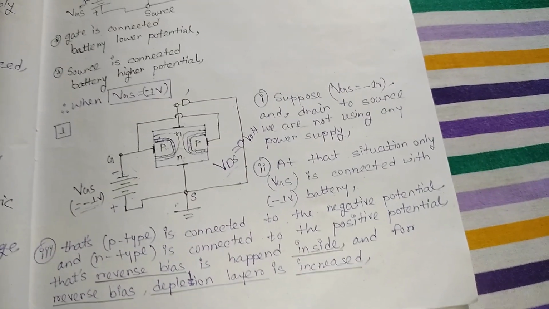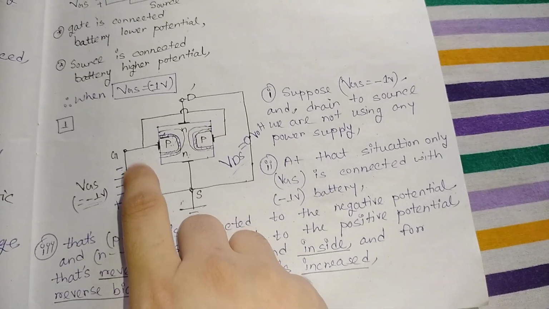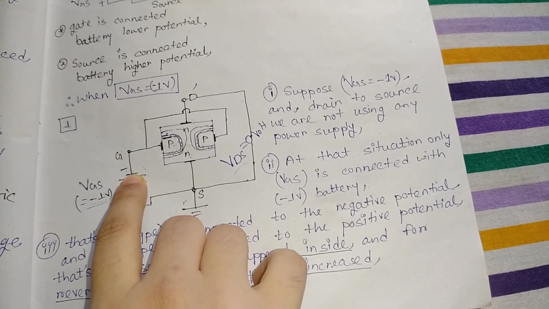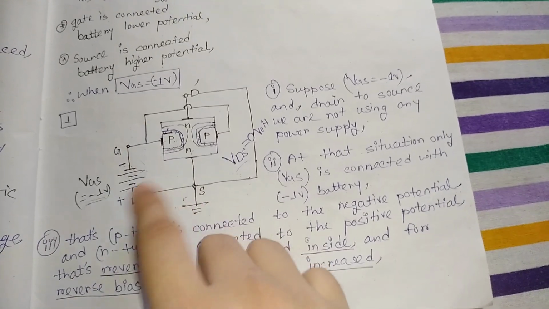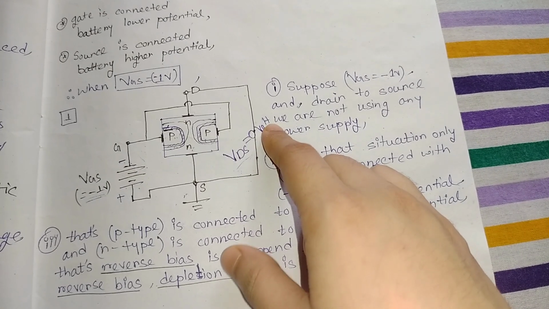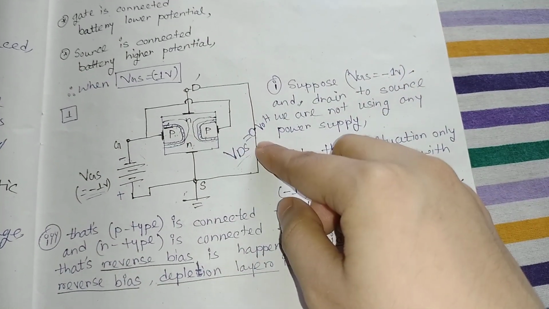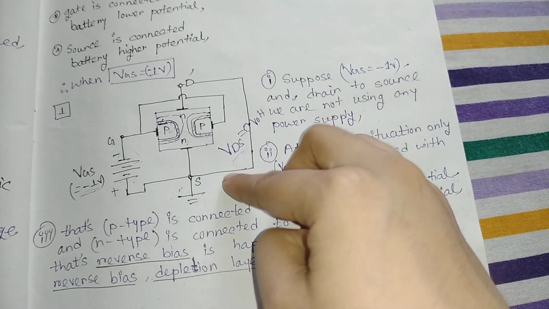Now we apply VGS equal to minus 1 volt, because the negative terminal is connected to the gate and the positive terminal is connected to the source, and VDS equals 0, meaning we are not applying any power supply to the drain-to-source terminal.